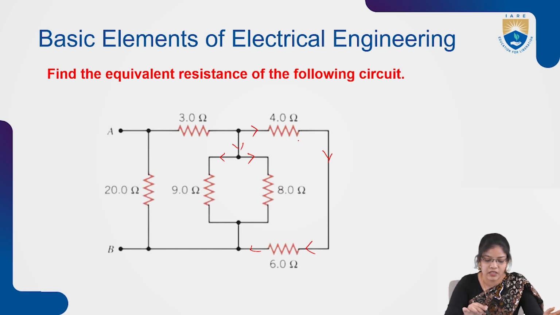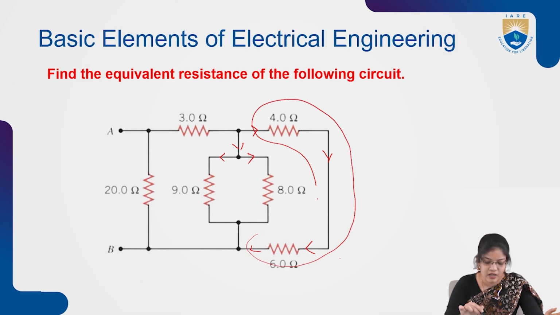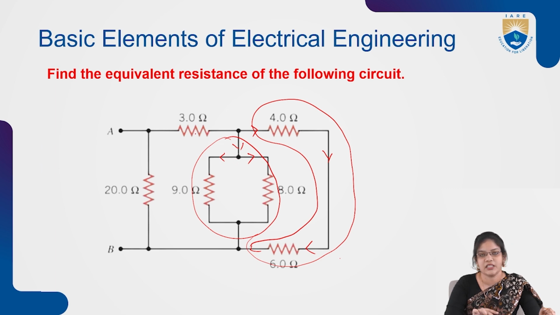So I'm considering this circuit first. First, this circuit is connected in series. First, we need to reduce this circuit and then we have to move for this parallel combination. Again, we have to reduce this parallel combination. We'll get a single resistance that will be in series or in parallel with the resistance depending upon the reduction of the circuit.